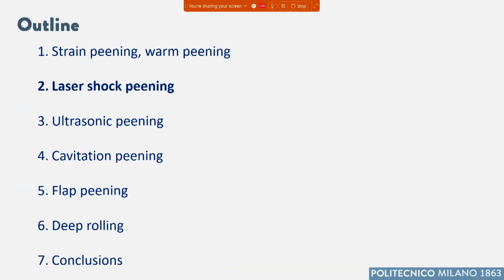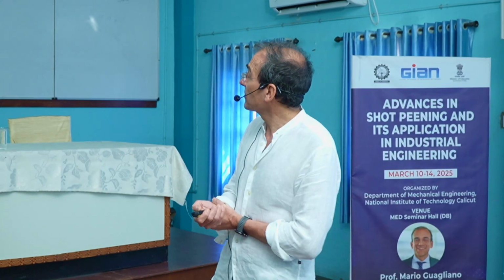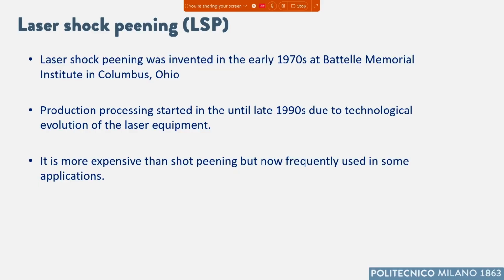Let's go to laser shot peening. This is very interesting. Laser shot peening is becoming more and more used today. Laser shot peening was invented around 1970 in the US, at the Battelle Memorial Institute in Columbus, Ohio.